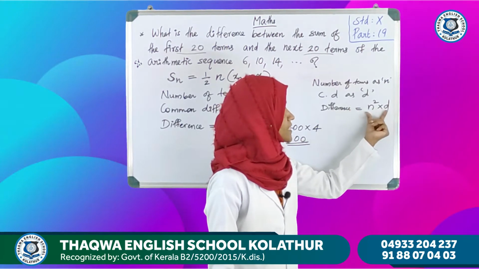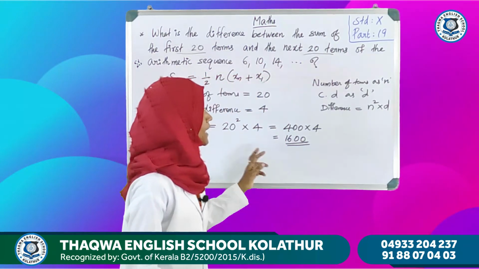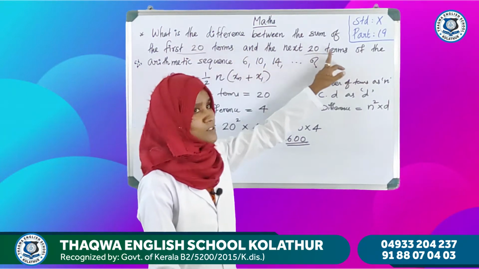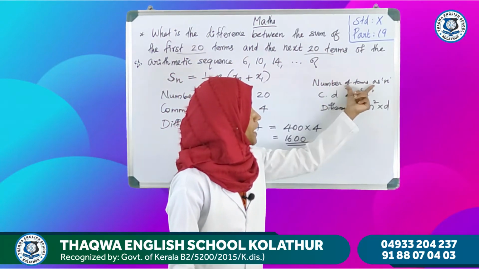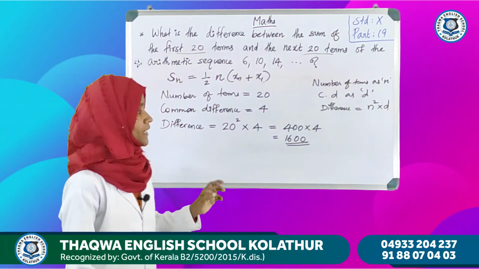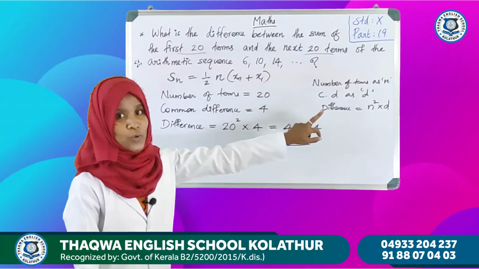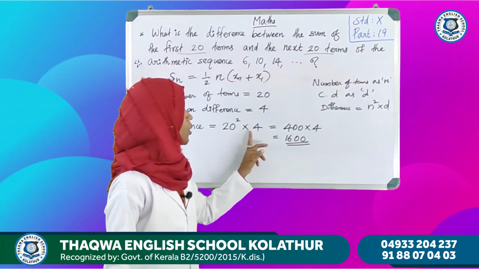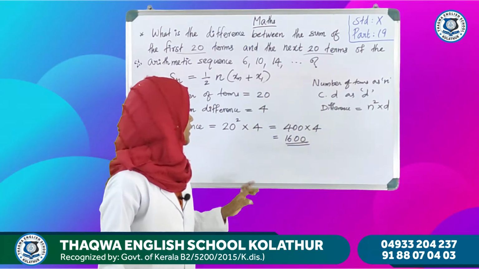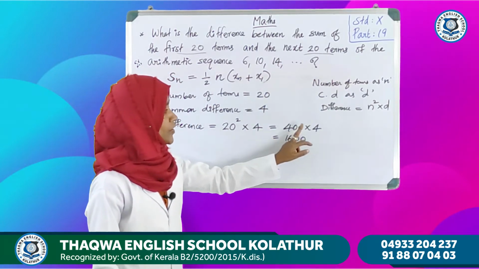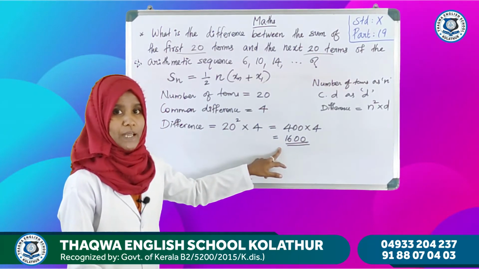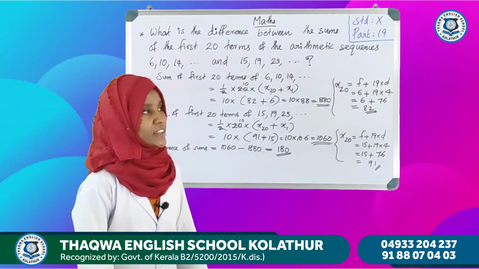N is the number of terms, here first 20 terms, here also 20 terms. So 20 square into common difference 4, 20 square is 400, 400 into 4, 1600. Okay.